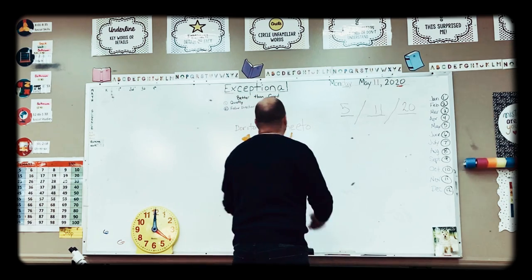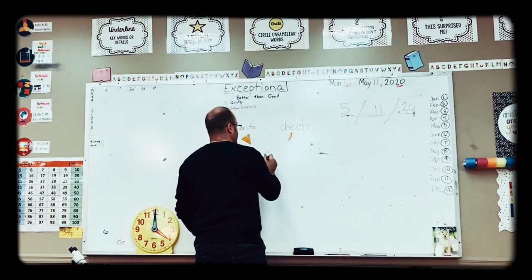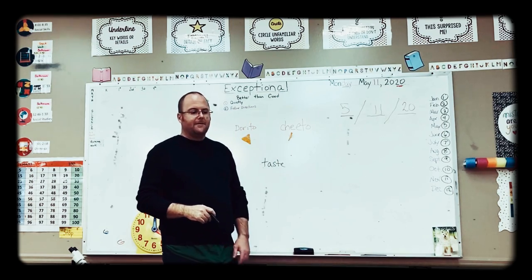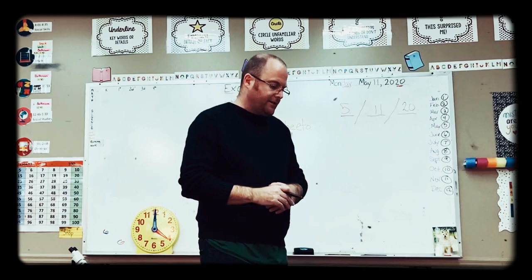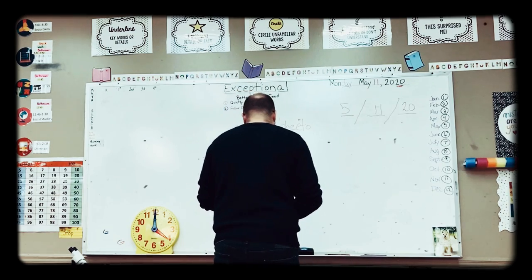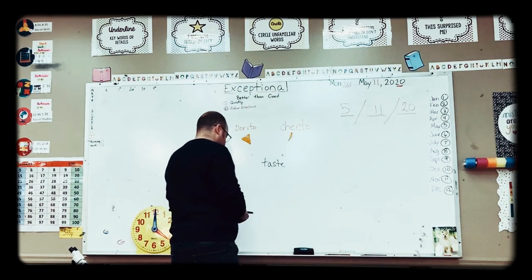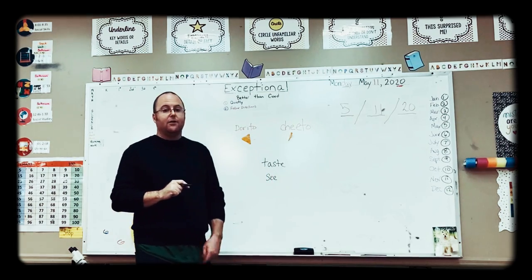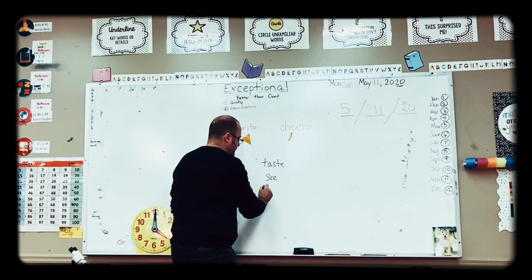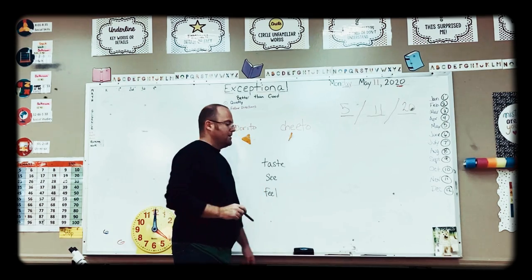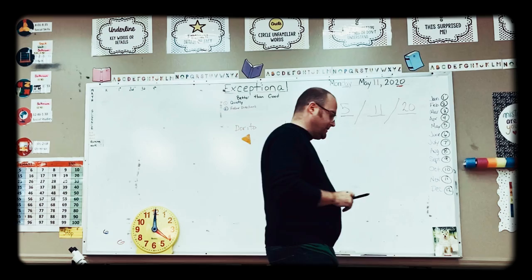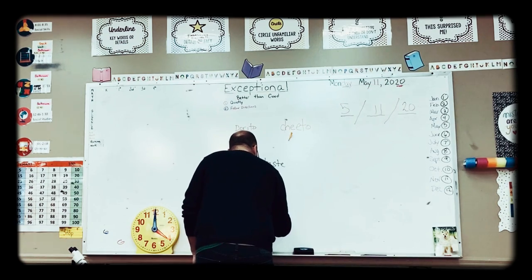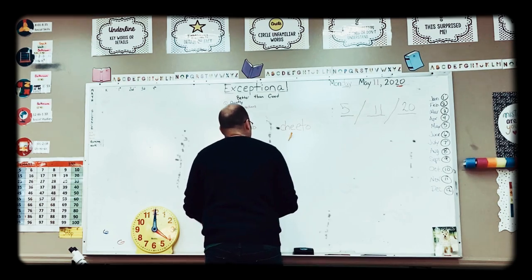Let's see. I've got taste, right? I can taste things. What else is there? We can see things. We can feel them. Let's see. What else is there? We can hear. All right.